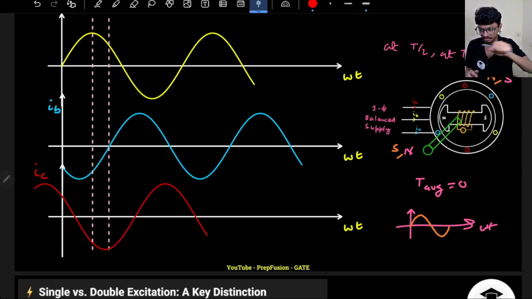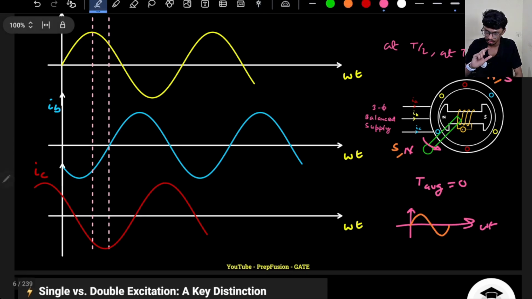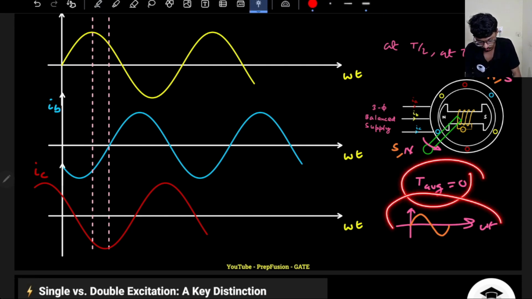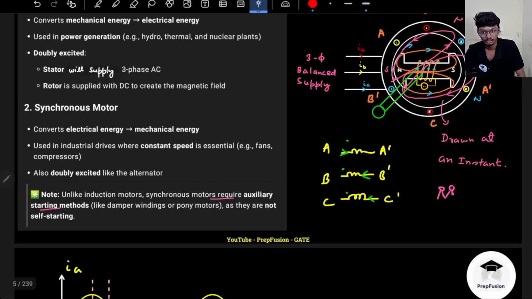You just push it somewhere, and suddenly you see it start rotating. So it was the problem of starting torque. We have to provide an initial starting torque to the rotor so that it gets aligned. Otherwise the average torque will always be zero. Due to inertia, this rotor will not rotate, it will just pulsate. So that is the problem with the synchronous machine.